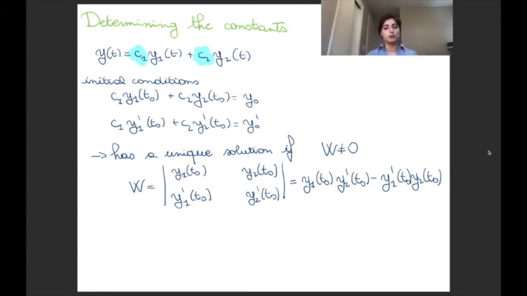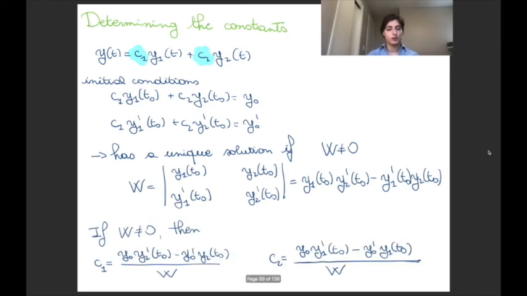So we retrieve that W is equal to y1 computed at t0 times y2 prime computed at t0, minus y1 prime computed at t0 times y2 computed at t0. If this thing is different than 0, then we can find unique constants that satisfy our equations.